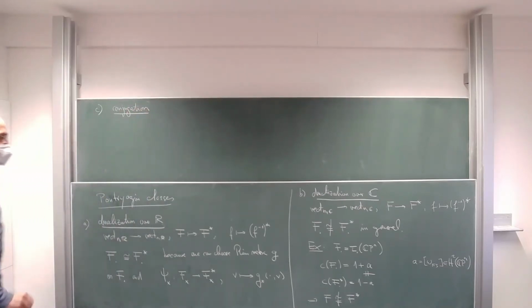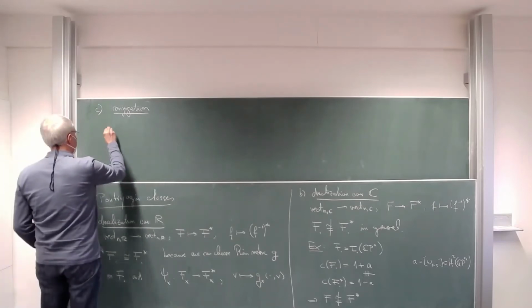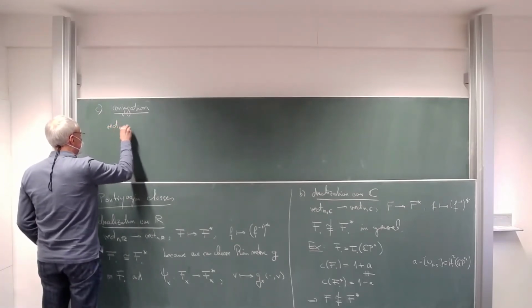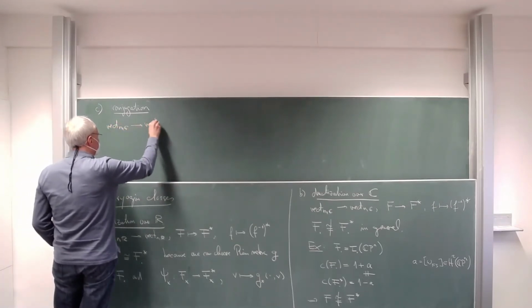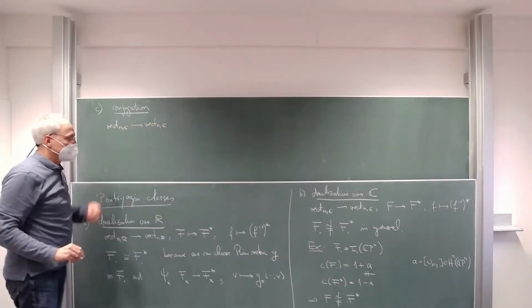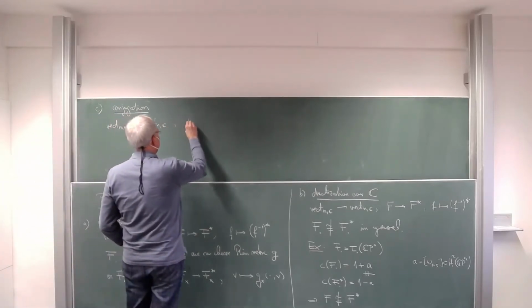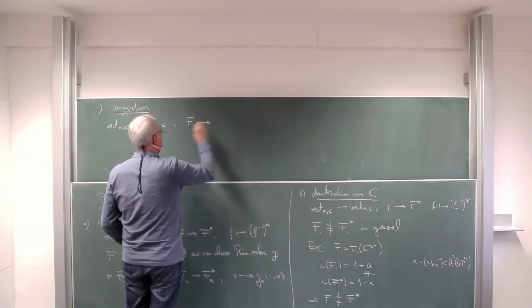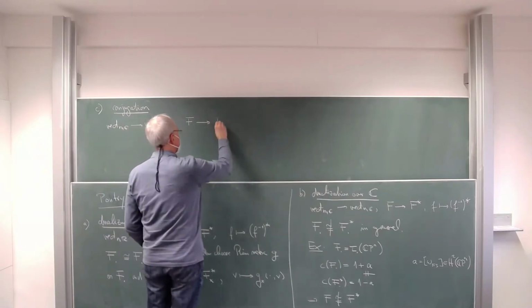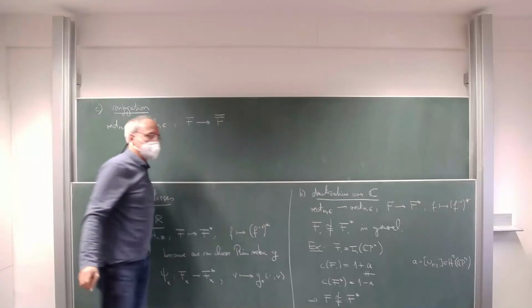This also gives me a functor going from n-dimensional vector spaces to n-dimensional vector spaces. And here, the space F gets mapped to the complex conjugate. Now, what's the complex conjugate?